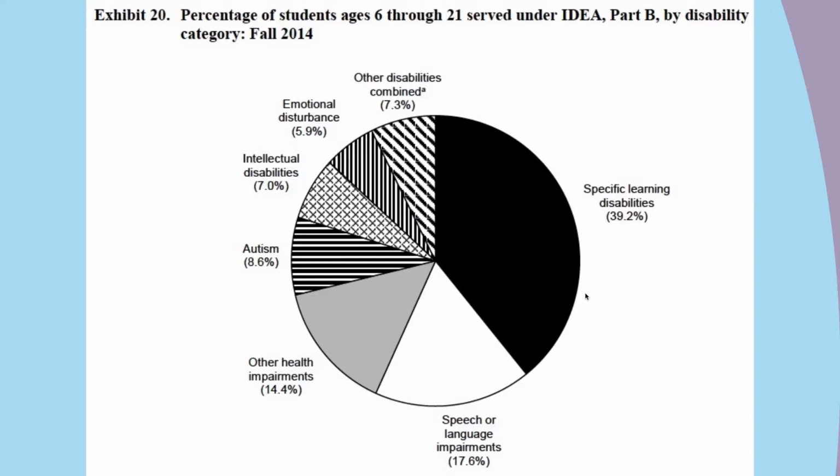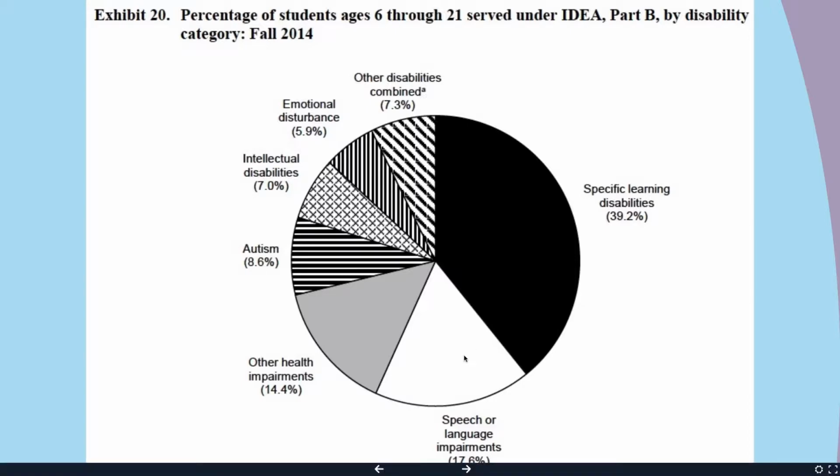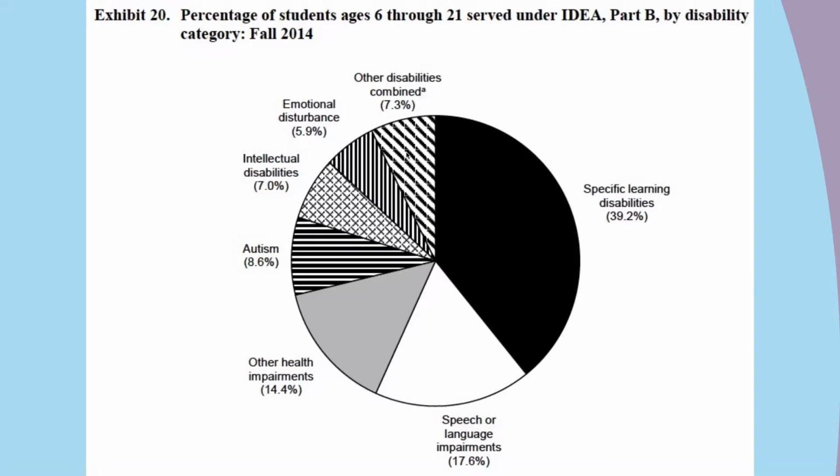And you can see that almost all of them are served in 7 categories: specific learning disabilities, speech or language impairments, other health impairments, autism, intellectual disabilities, and emotional disturbance. All of the other 6 or 7 categories only make up 7% of those special ed students combined.